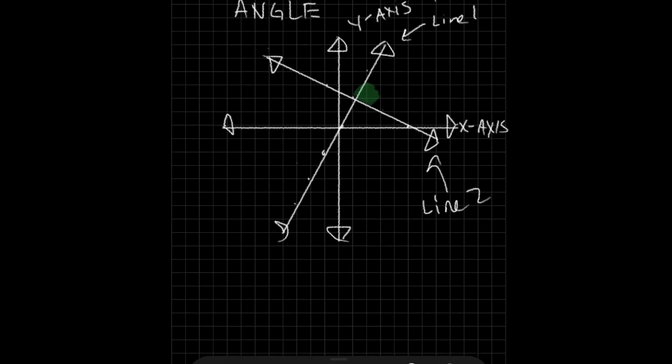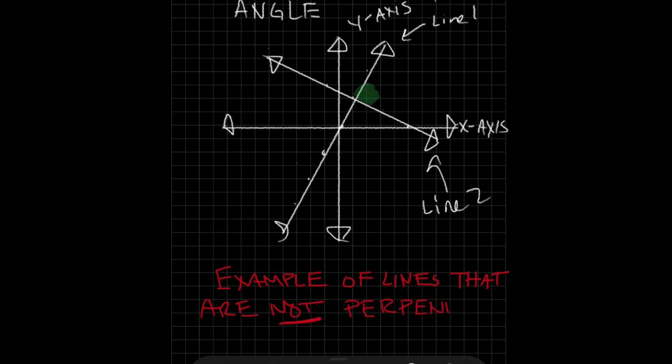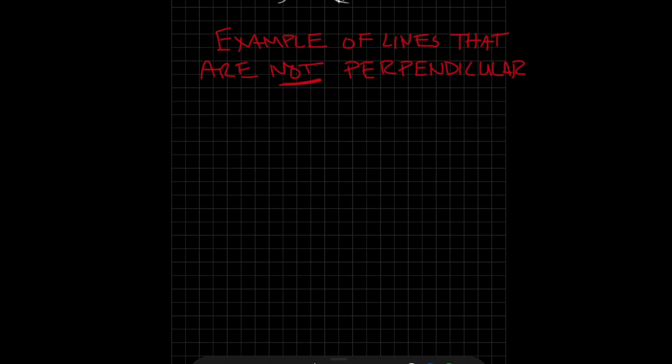Let me show you some lines that are not perpendicular. So this is an example of lines that are not perpendicular. Let's draw ourselves an x and y axis here, and I'll show you two lines that are not perpendicular. Here's our y, here's our x.